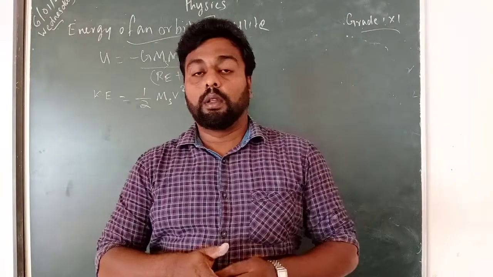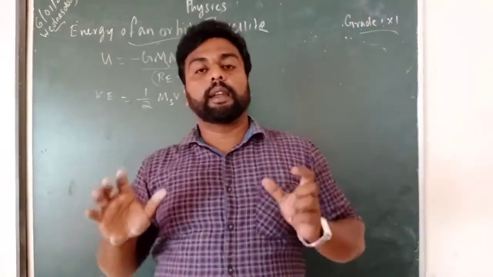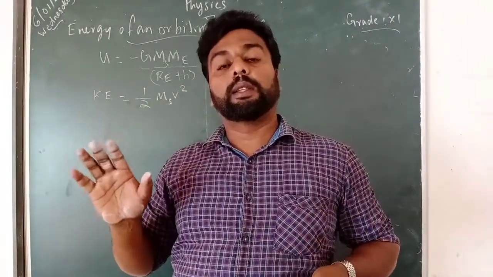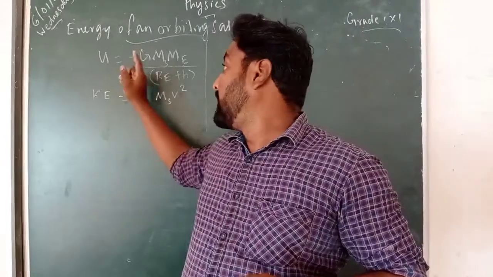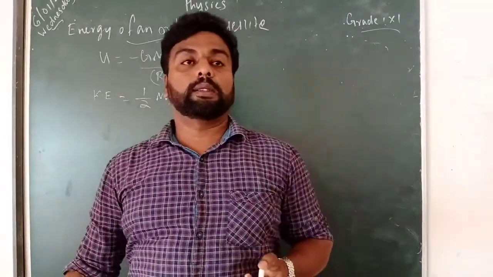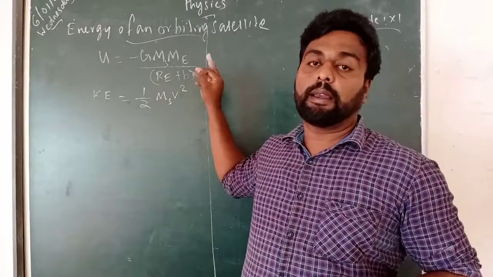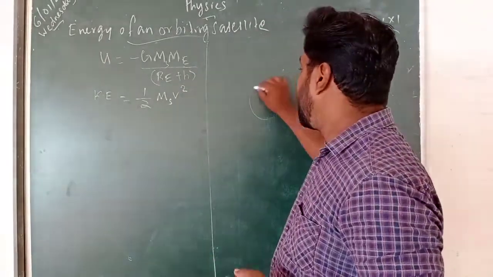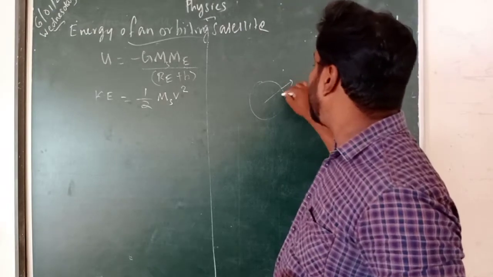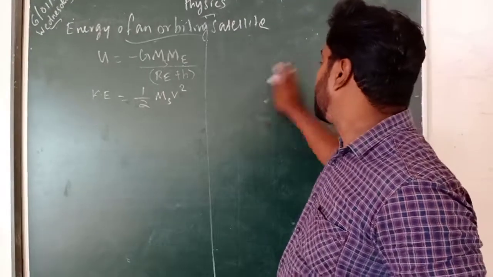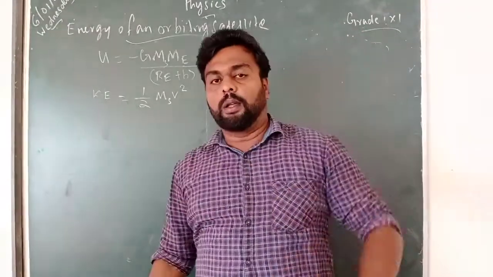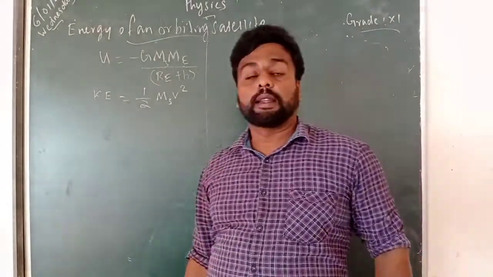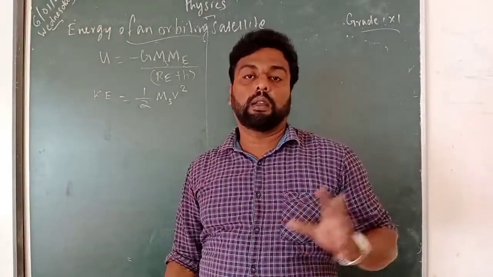So when this satellite is orbiting, revolving around the Earth, it possesses some gravitational potential energy, minus G m_s M_e by R plus H. You know R plus H means the Earth's radius plus this height. And the kinetic energy is half m v square.